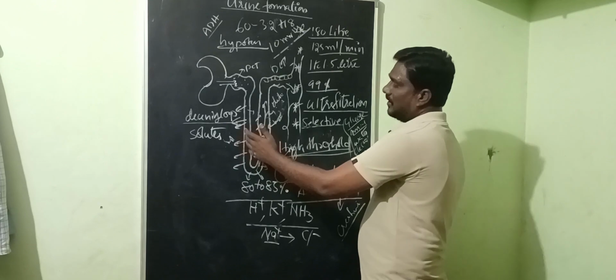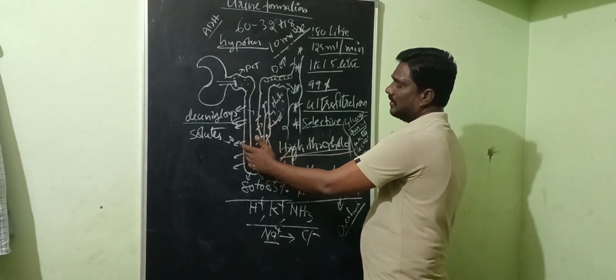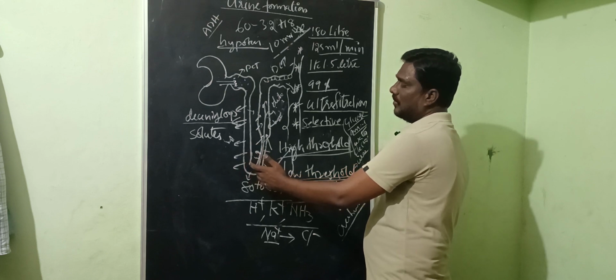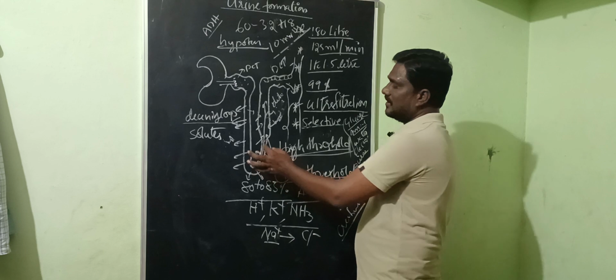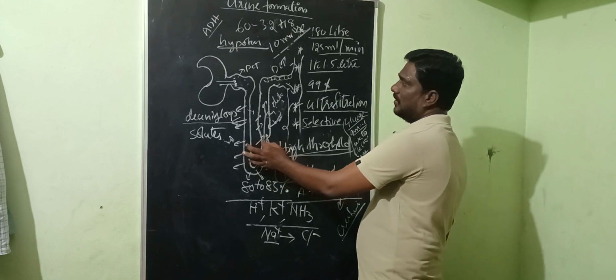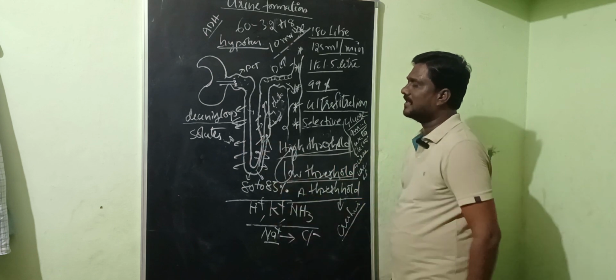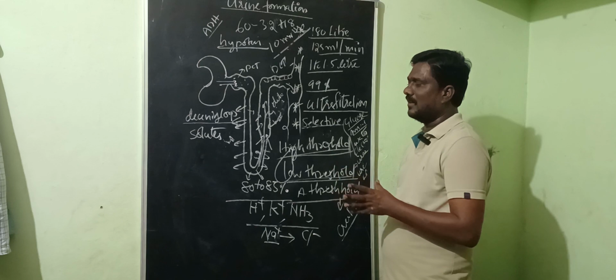After that, this urine moves upward towards the cortex. The ascending limb of the thin loop allows only electrolytes, and it is not permeable to water.